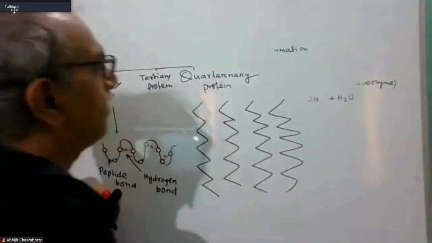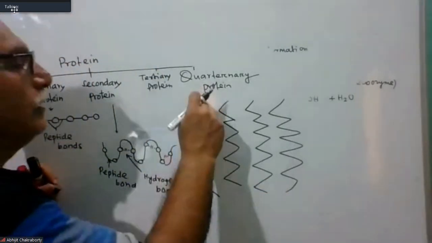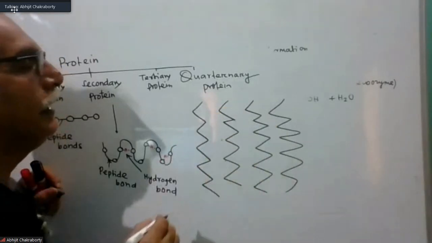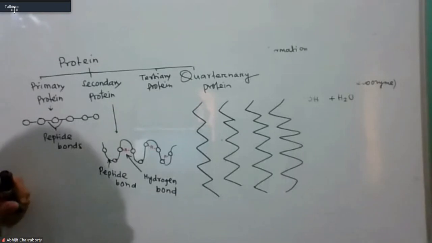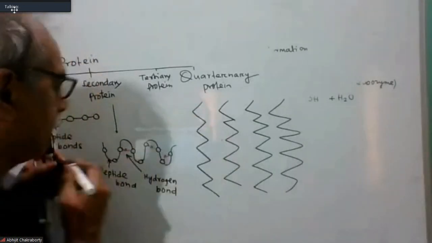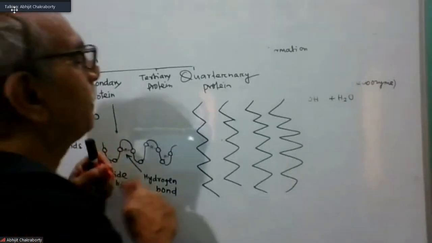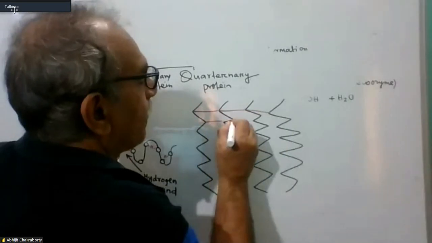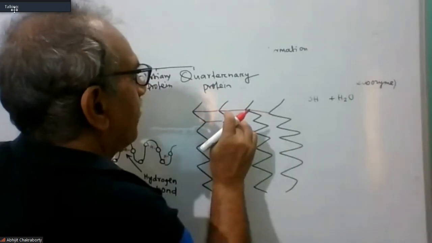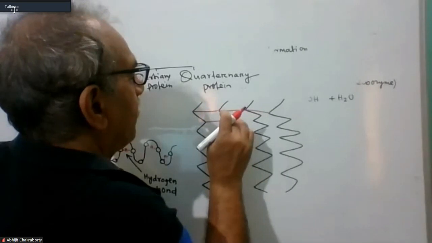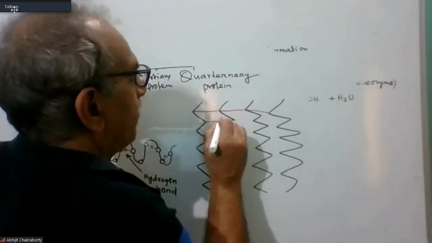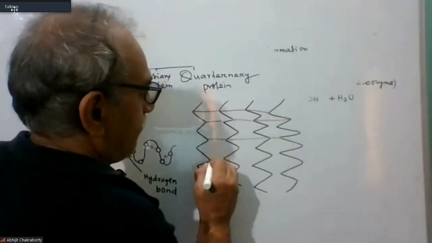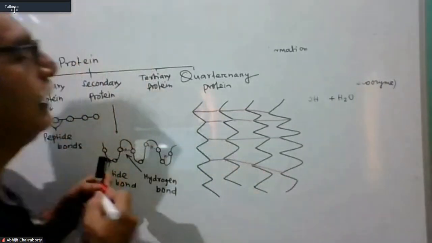All are primary proteins, but they are linked by hydrogen bonds here. Linked by hydrogen bonds.